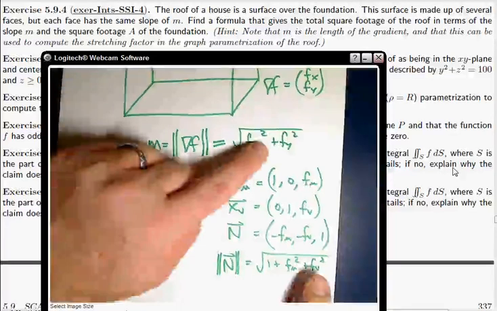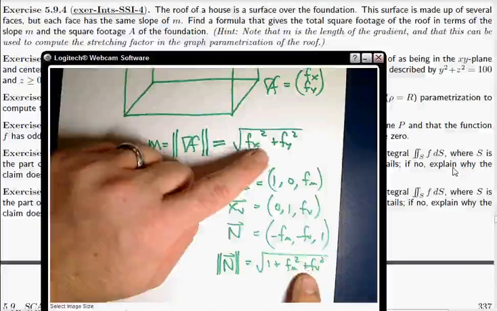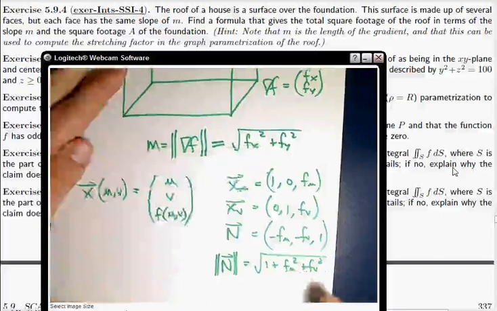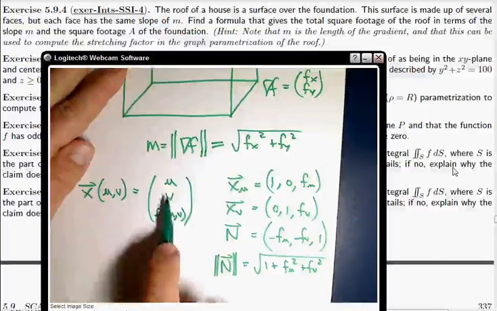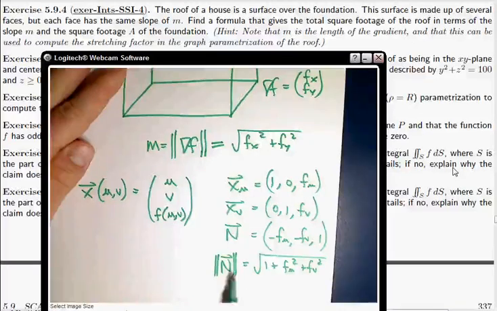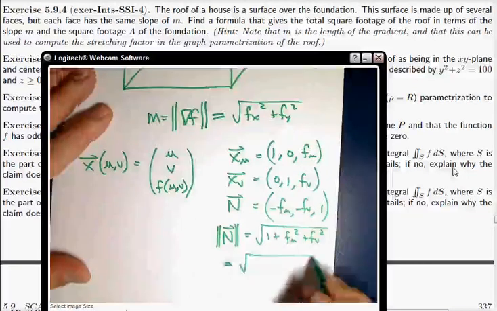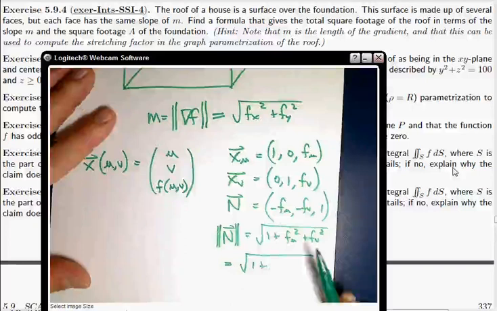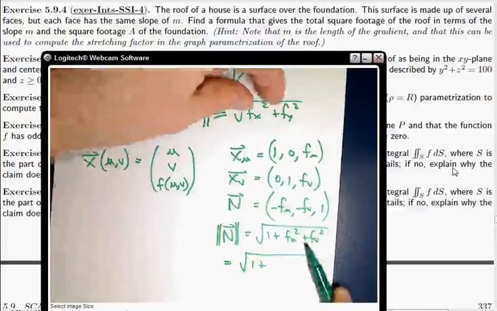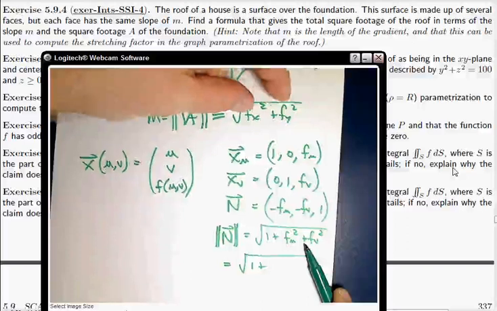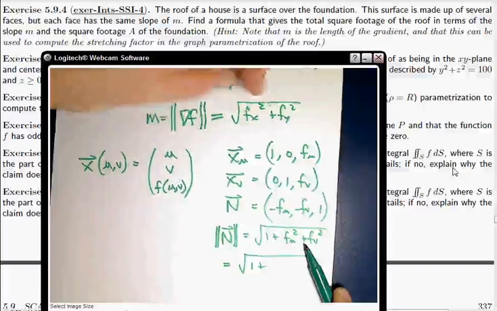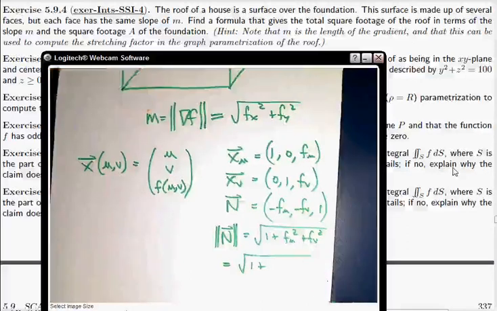Note that that looks an awful lot like this, especially since x is u and y is v. So I claim that what we have here, the stretching factor, the length of N, the square root of 1 plus f_u squared plus f_v squared, is exactly the square of this, which, don't forget the radical there. Namely, it's m squared.